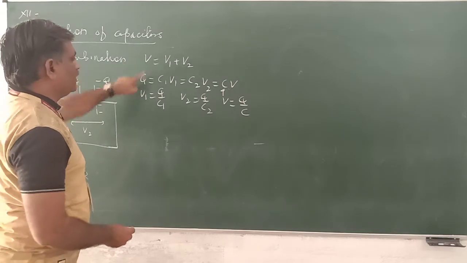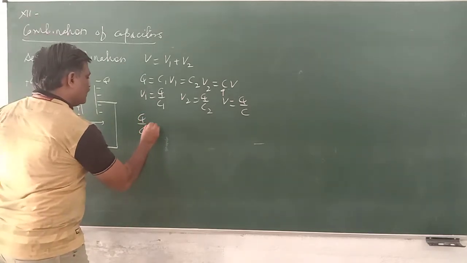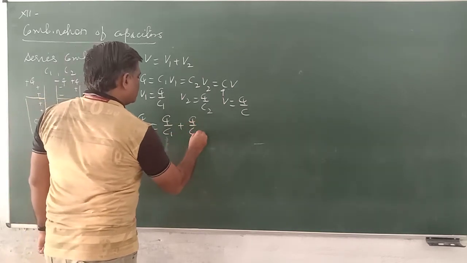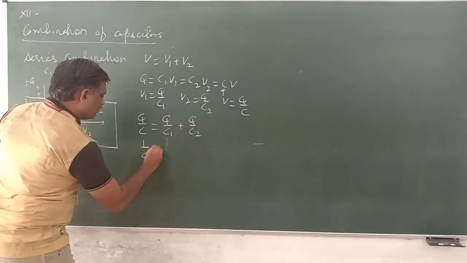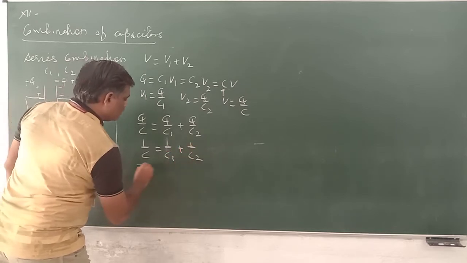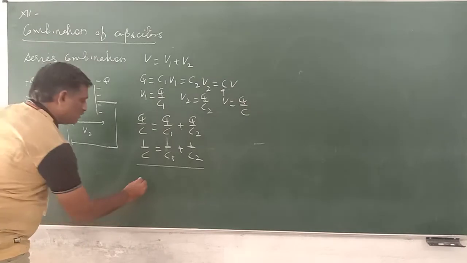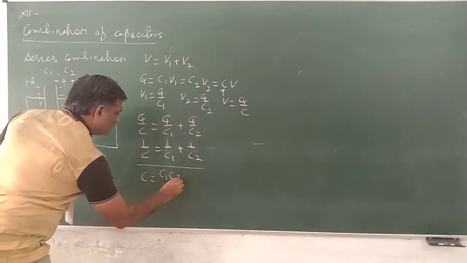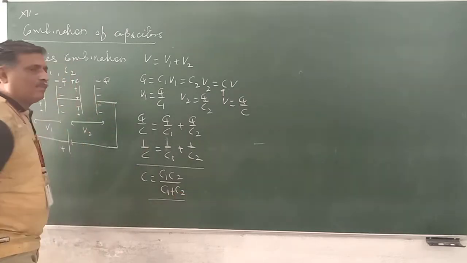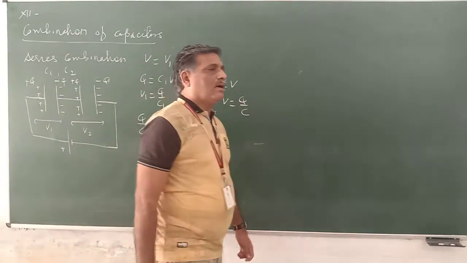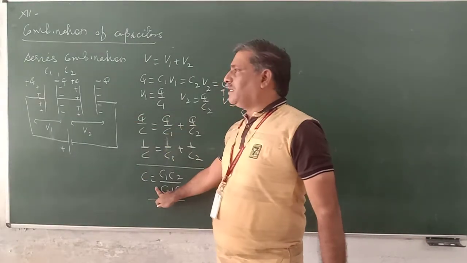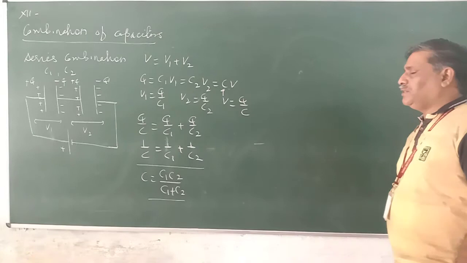If I substitute these in V = V1 + V2, Q is common, so 1/C = 1/C1 + 1/C2, or C = C1C2/(C1 + C2). This is the effective capacitance of these two when they are in series.